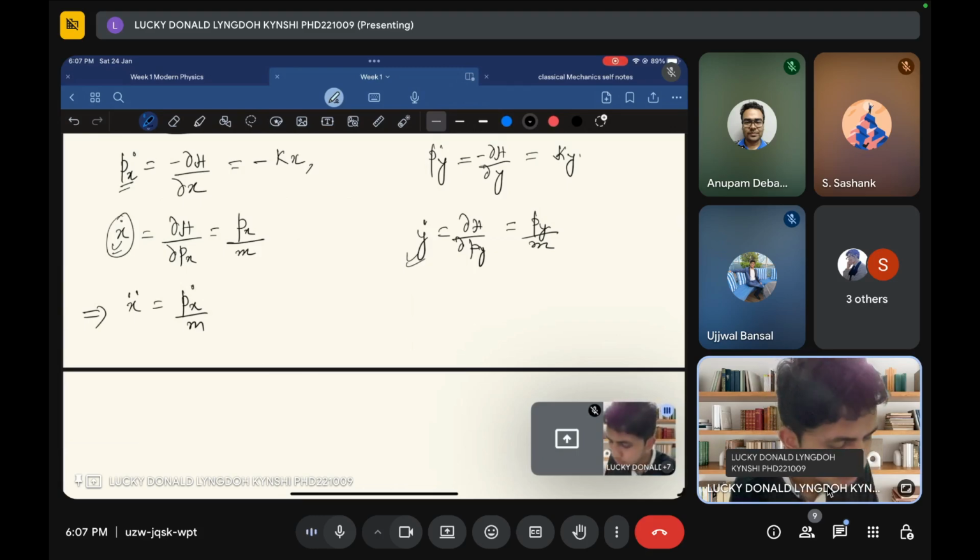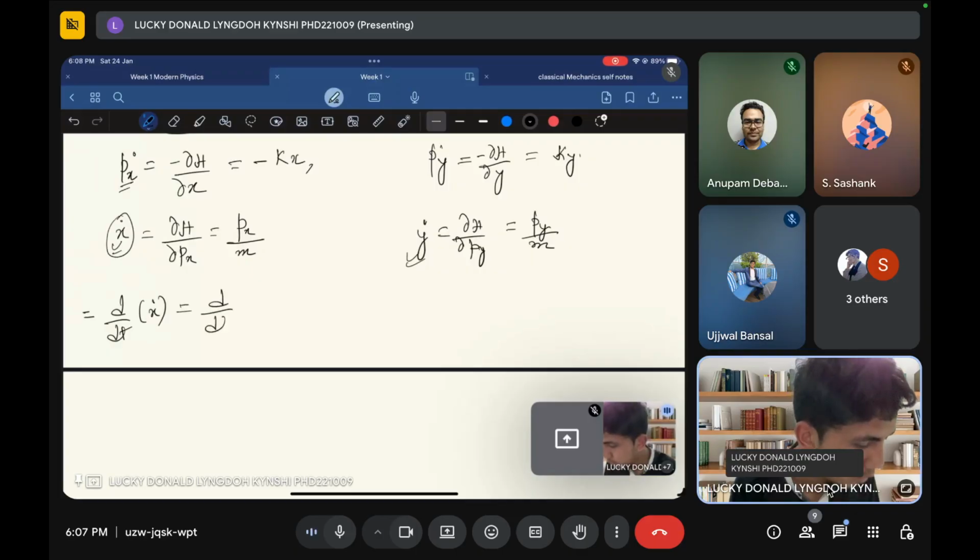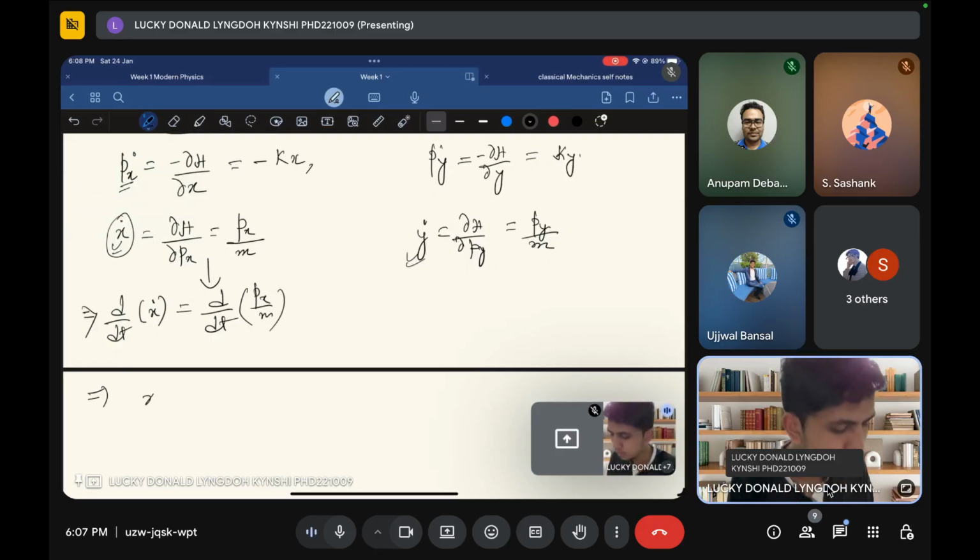Let me write it this way so that it will be clear. d by dt of x dot is equal to d by dt of px by m. Start from here, take the derivative again, then d by dt of x dot will be x double dot, equal to px dot by m.